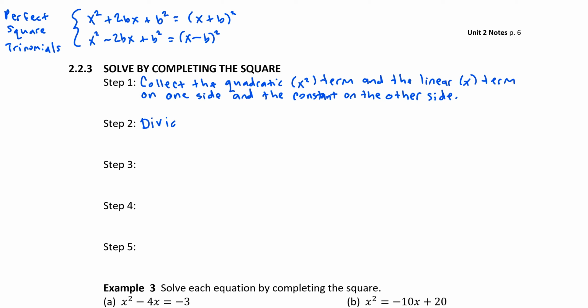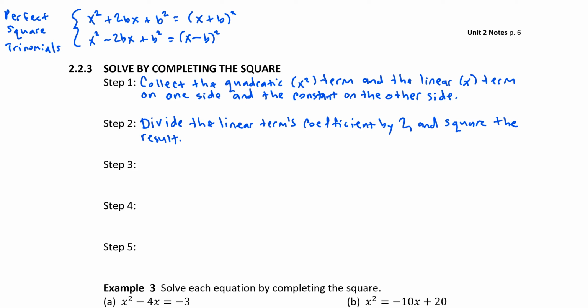Step two, divide the linear term's coefficient by 2 and square the result. Okay, this is what I'm going to call the magic number.